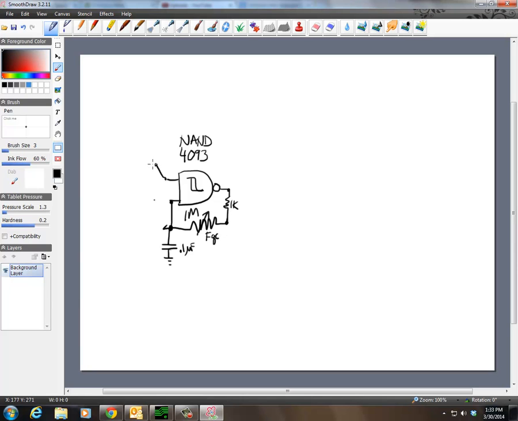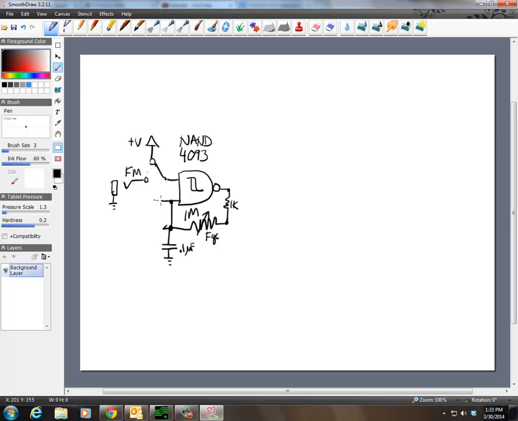Then up here we have a switch, and normally this would be connected to the positive voltage, but we could also have it connect to an input signal from one of the other oscillators, and in that case we'd get frequency modulation oscillation.